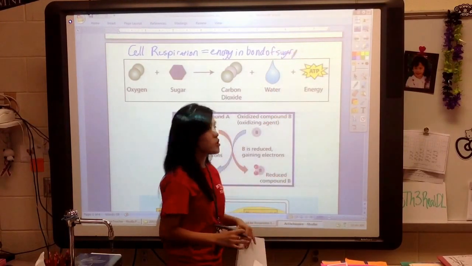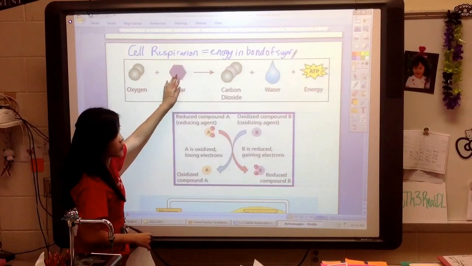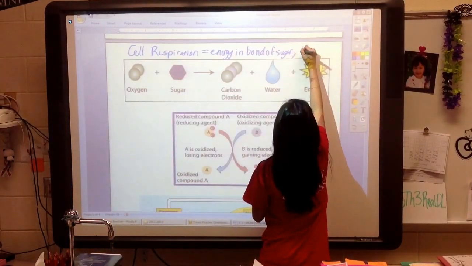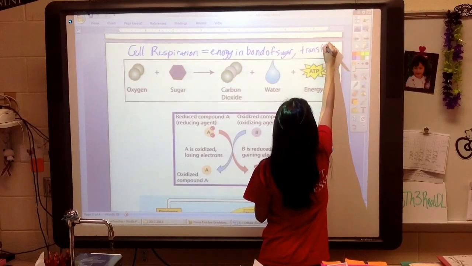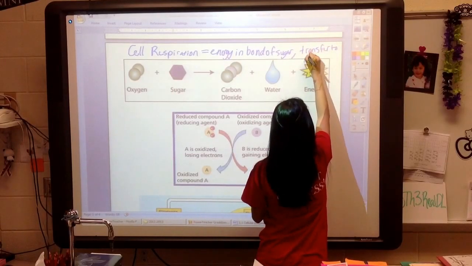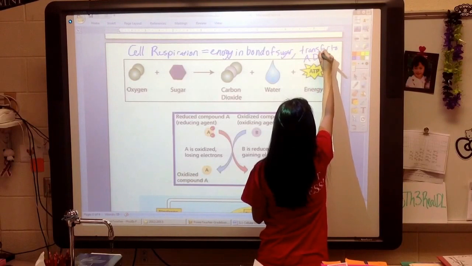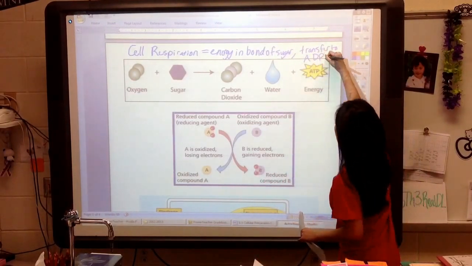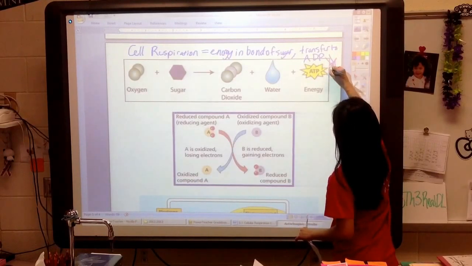And what you're going to do is take the sugar molecule and transfer that energy to ADP, and eventually you're going to produce your ATP.